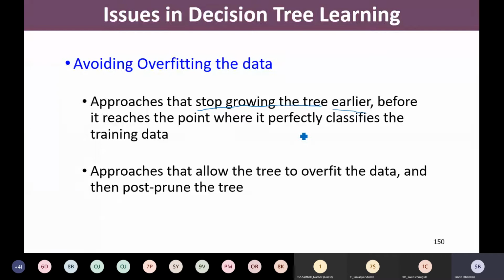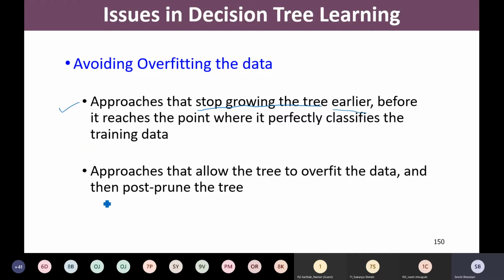So it classifies the training data well. But if we would like to avoid overfitting of the data, then we should stop growing the tree earlier, before it actually reaches the point where it perfectly classifies the training data. So that is the first approach that we may have.